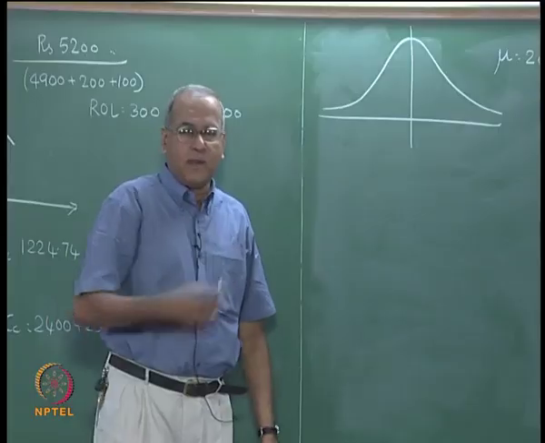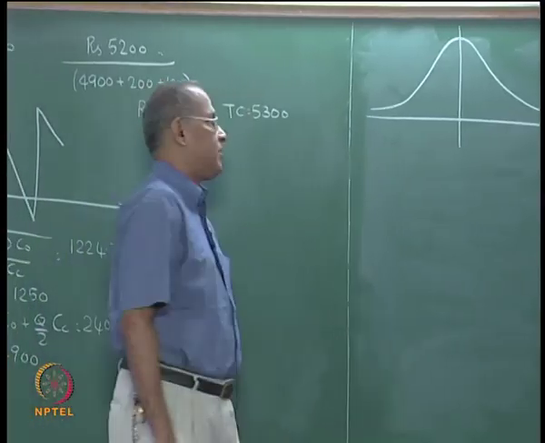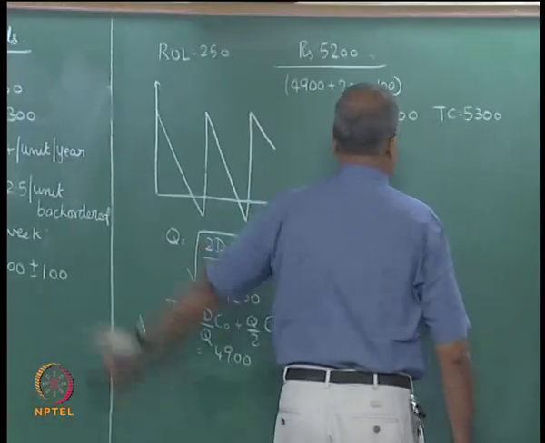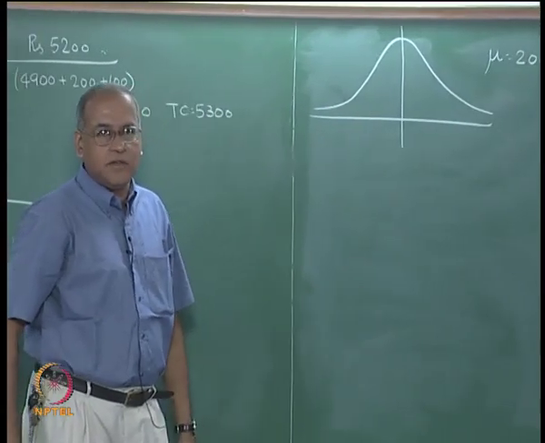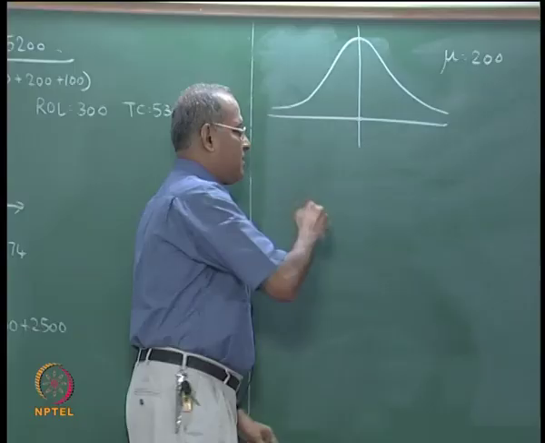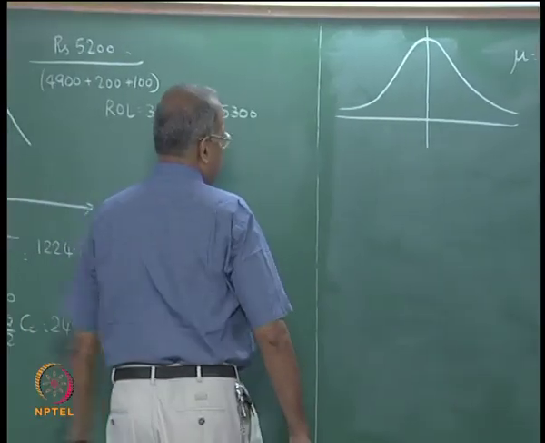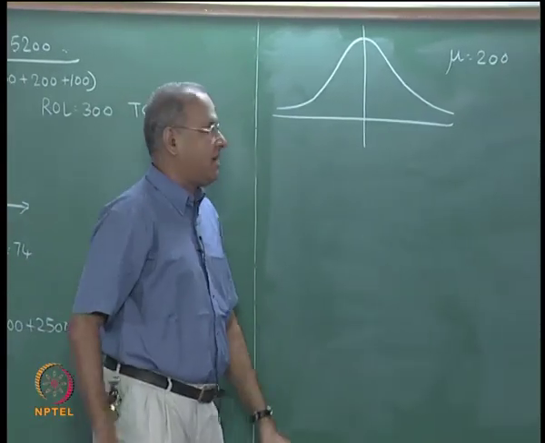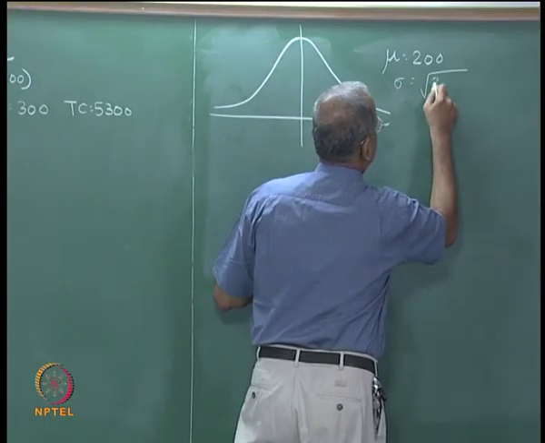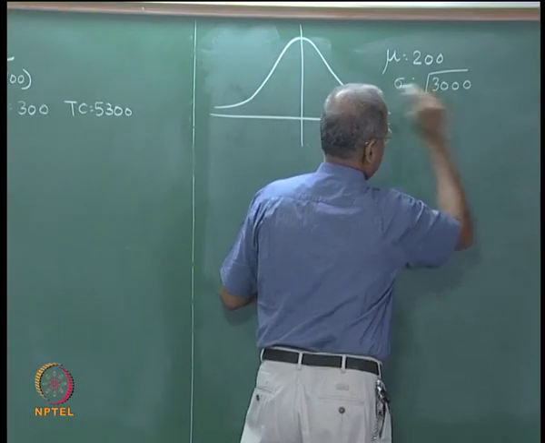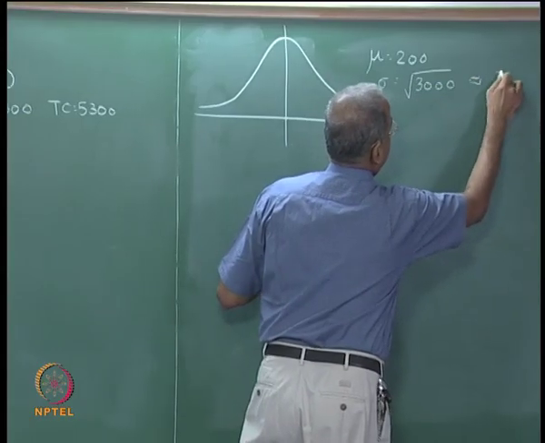For a meaningful comparison of results between assuming a discrete distribution as well as assuming a normal distribution, we now try and compute the standard deviation of that. So the standard deviation would come to sigma equal to root of 3000, which we now approximate to 50.